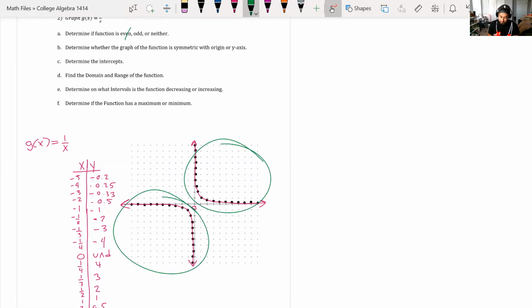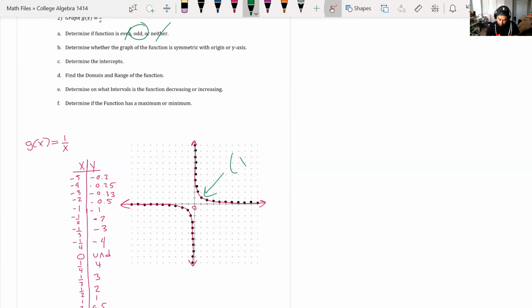Or said the other way, does this graph reflect across the origin there? And that answer is yes. This function is odd. And another way to prove that it's odd is, again, look at this point. 1, 1. If you are an odd function, that means this point will reflect across the origin and become -1, -1.